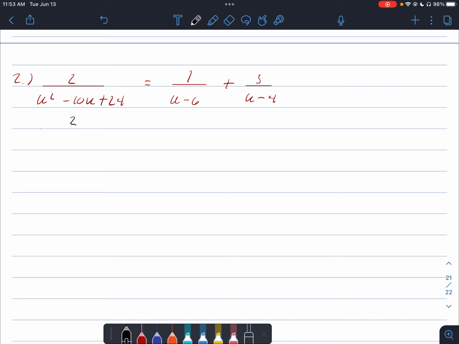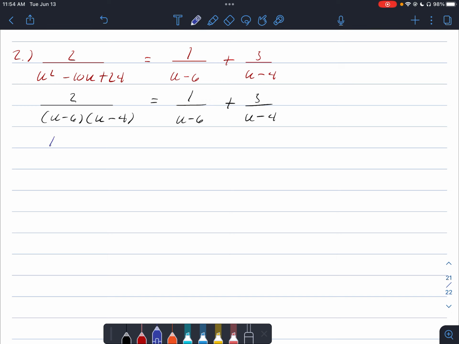But this should factor to u minus 6 times u minus 4. Negative 6 times negative 4 is 24, and negative 6 plus negative 4 is negative 10. Then we'll just have plus 1 over u minus 6 plus 3 over u minus 4.